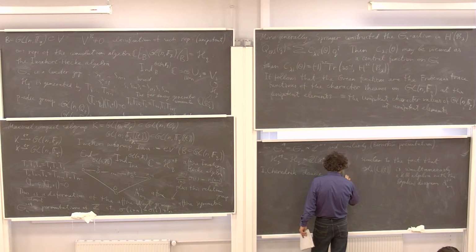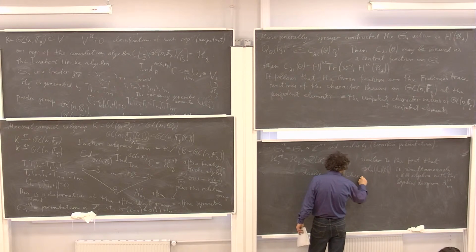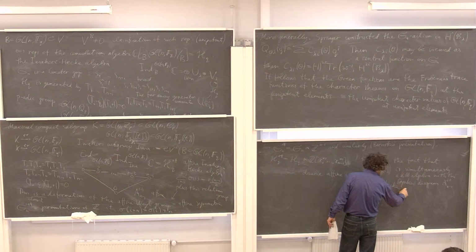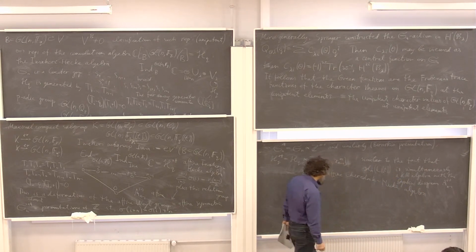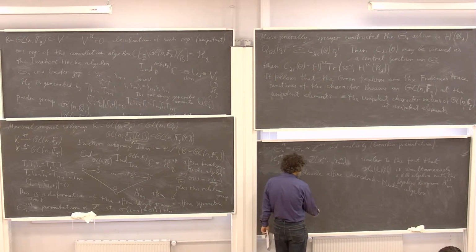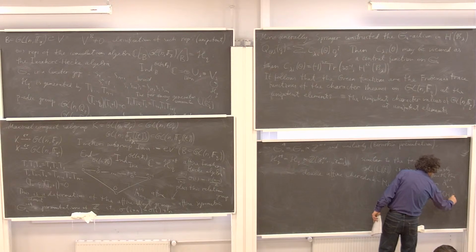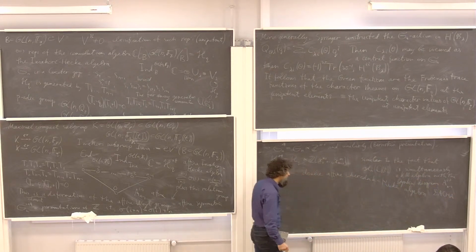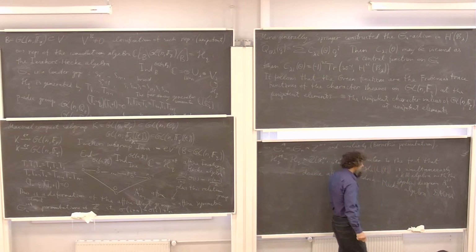Or maybe I should place Cherednik in between. Double affine Cherednik Hecke algebra. So Iwahori is replaced by Cherednik. And what you get is DAHA. Double affine Cherednik Hecke algebra. DAHA, yeah.